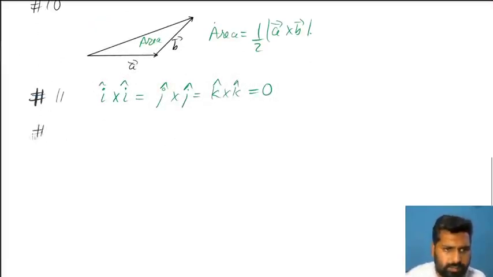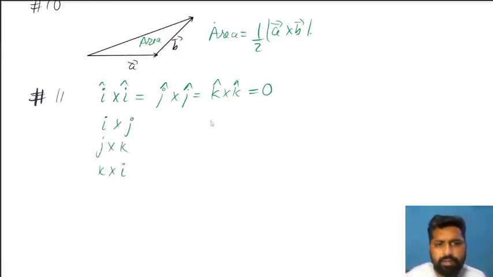Next. What if it is i cross j, j cross k, k cross i, and what if it was reversed: j cross i, k cross j, i cross k?